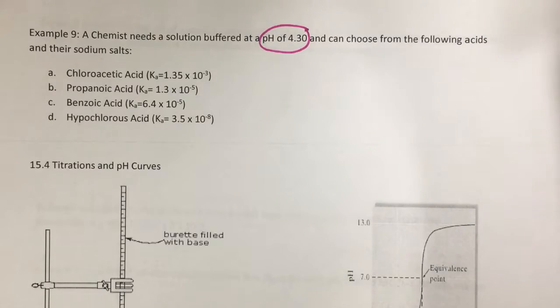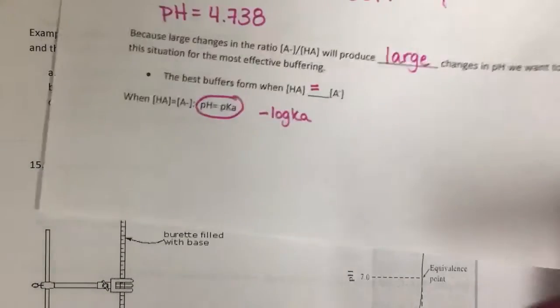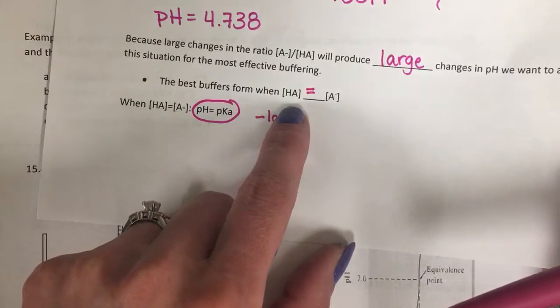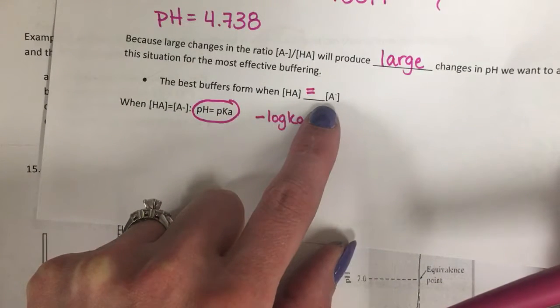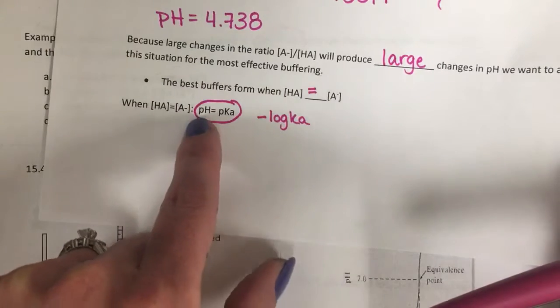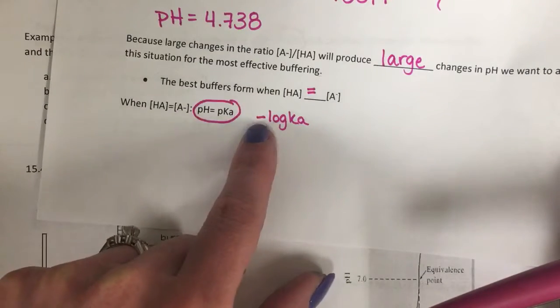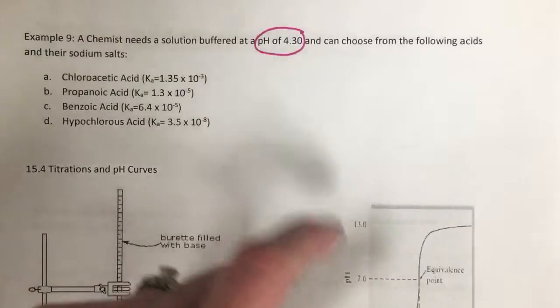So here's how I can use that little fact. I said that if the concentration of my acid is equal to the concentration of my base, then the pH is equal to the negative log of the Ka.